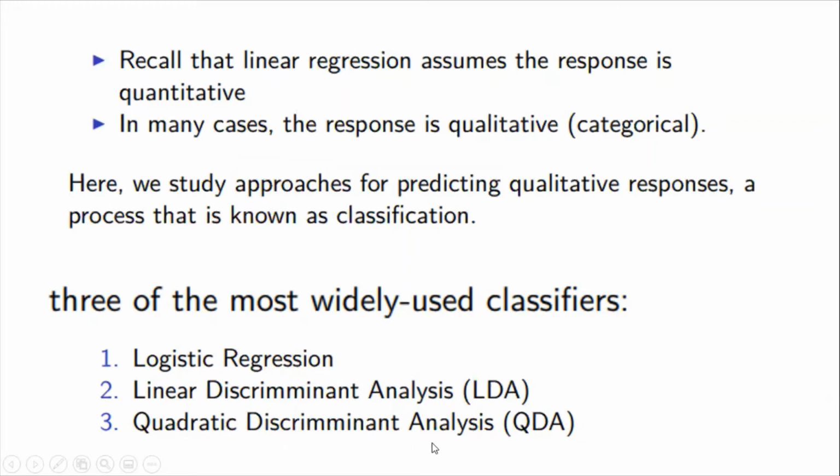Then quadratic discriminant analysis. Linear analysis assumes the relationship to be linear. But when we do the scatter plot and the relationship is non-linear, something like a curve pattern, so this is exactly not linear.